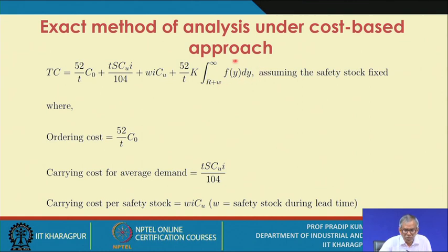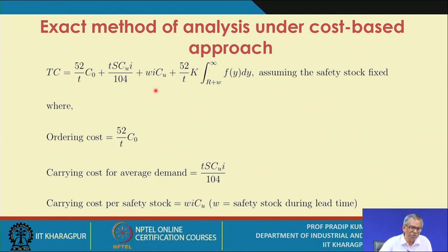So what is the probability of shortages? That is the integral from R plus W up to infinity of f(y) dy, assuming that the safety stock remains fixed. That means even if you are keeping a safety stock, you may not need to use it in any order cycle. That is one particular situation.